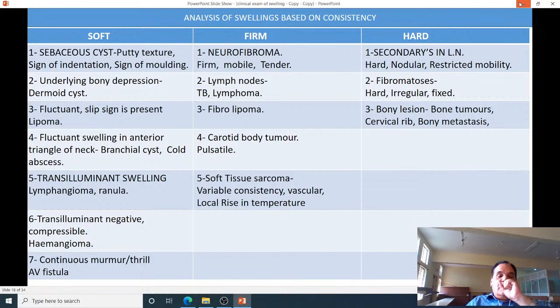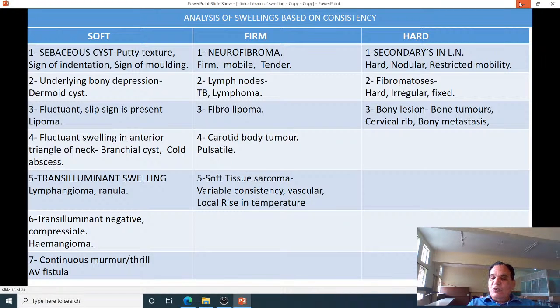Okay. Now the third consistency is hard. The commonest diagnosis is malignancy. Restricted mobility occurring in the periphery, the commonest is secondary in a lymph node. The hard swelling in the periphery, commonest is secondaries. Another is fibromatosis, malignancy itself: hard, irregular, fixed.